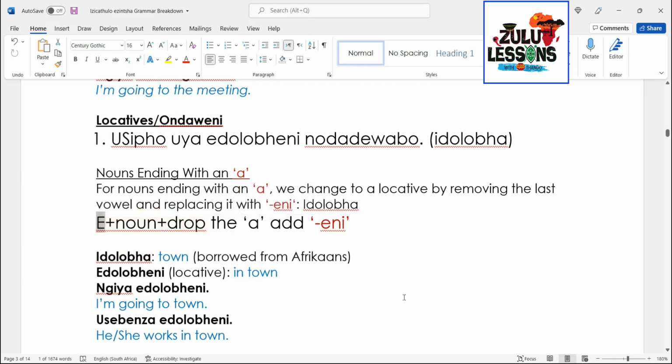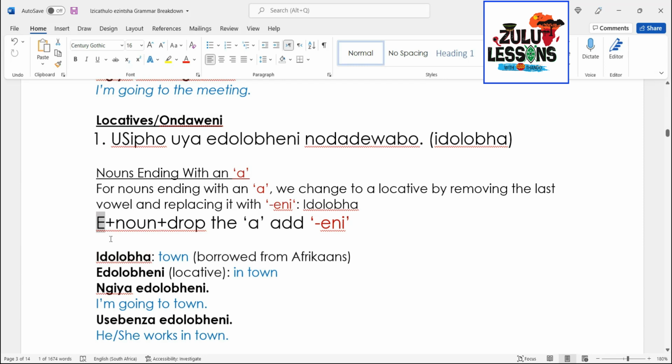We remove the first vowel of that noun, whatever the prefix is, and we put in the letter E. As soon as you see that e, most of the time you'll know it is a preposition that you're going to come across. There are times where it will be an adverb or an adjective prefix, but most of the time it will be a locative.